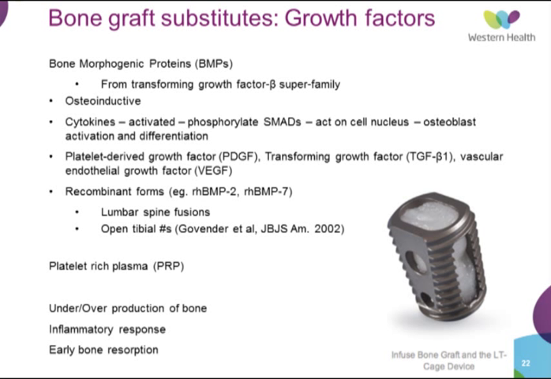The way that they work is by producing cytokines, phosphorylating these cytokines, and therefore forming osteoblasts. There are other growth factors, such as the ones mentioned here. However, with BMPs, the two forms that we're commonly using are recombinant BMP2 and recombinant BMP7.